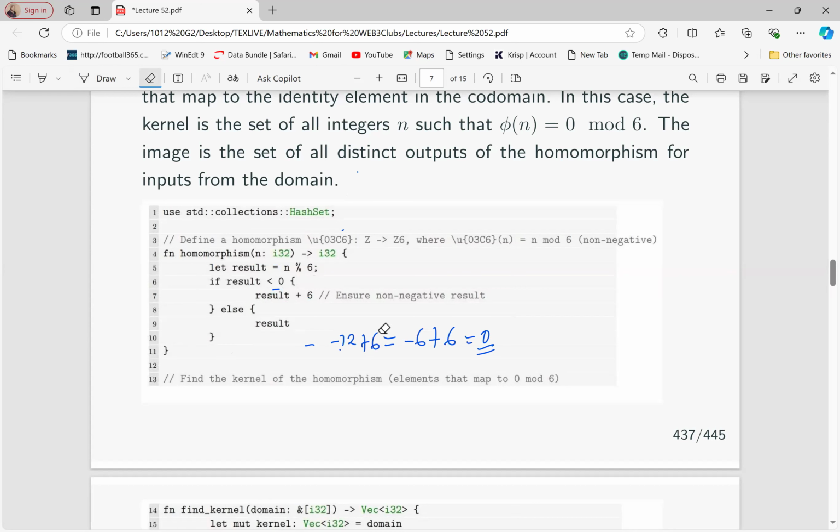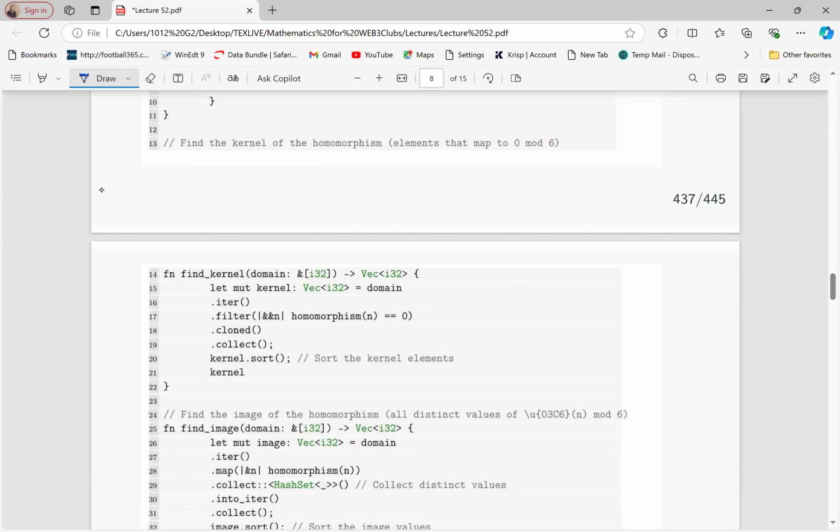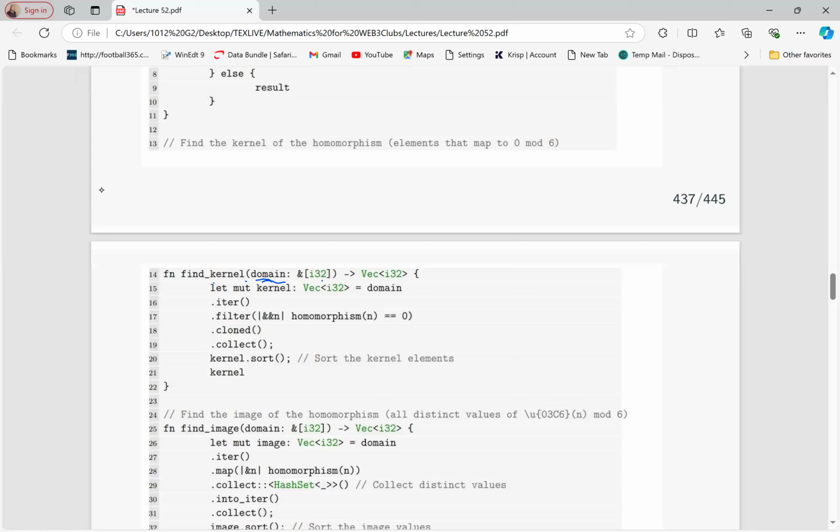So this is just a definition of a homomorphism and how it will be working. But what we wanted is to obtain the kernel and also obtain the image. Let's now proceed to obtaining the kernel. It says, find the kernel. It notes that the kernel will be elements of the domain, and these elements of the domain are I32, in other words, positive or negative.